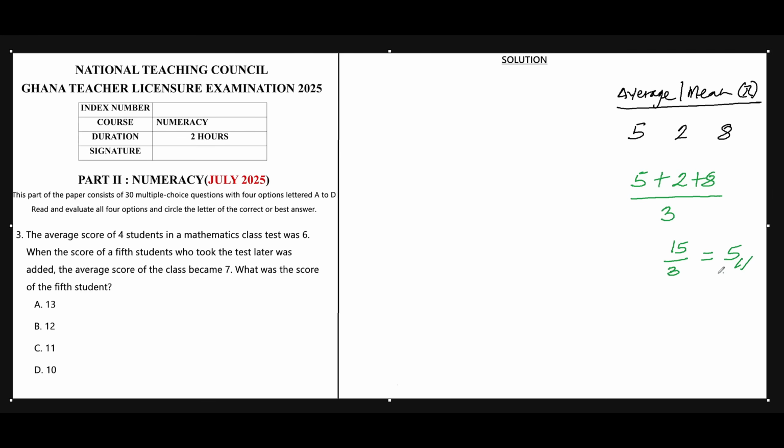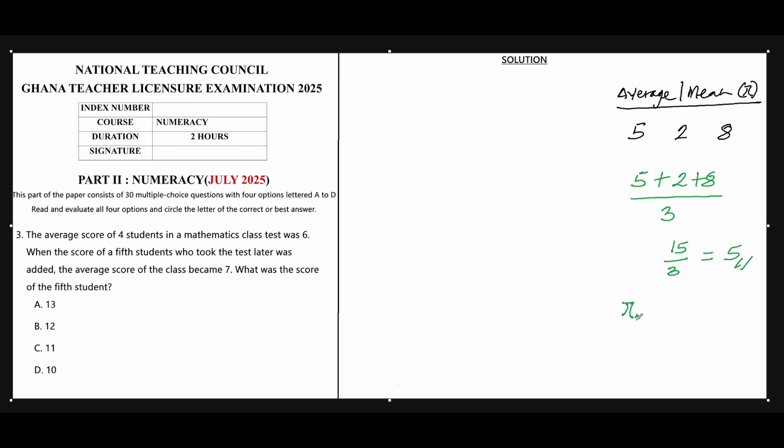So all that I want you to know is the formula for calculating the mean or average score of some particular students. In this particular example, we have 3 different students. So to calculate the mean or the average score of these 3 students, there is a notation for the mean score of 3 students.